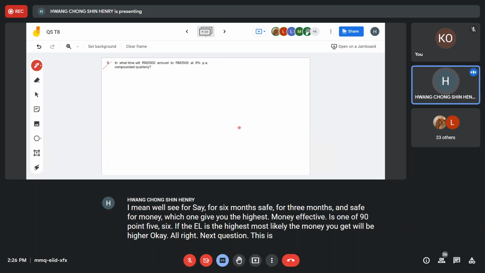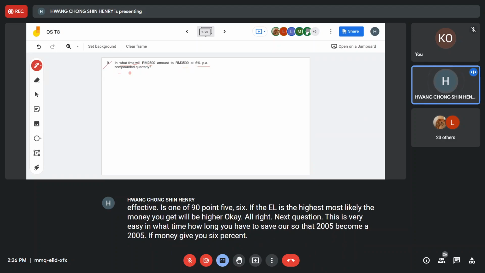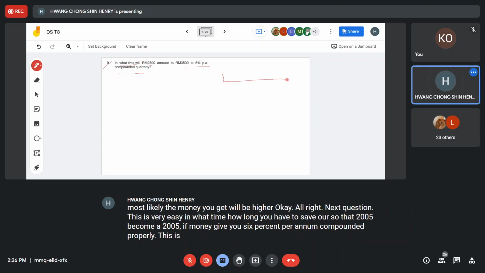This is very easy. In what time? How long do you have to save, so that 2005 becomes 3005 if the money gives you 6% per annum compounded quarterly? This is the easiest. You save from 0 until what?